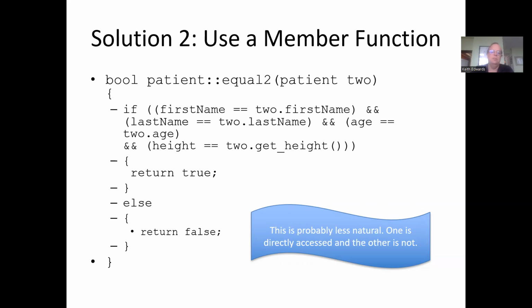Then we see if it's equal to 2.first name, not set it equal. And last name is equal to 2.last name, and age is equal to 2.age, and height is equal to 2.get height. In that case, we'd return true. Otherwise, we return false. It's probably less natural. One is directly accessed and the other is not.